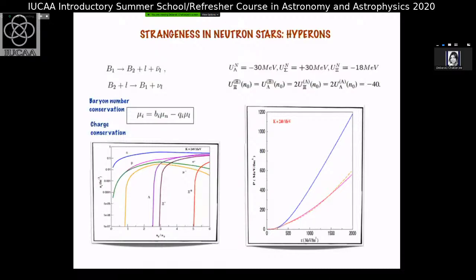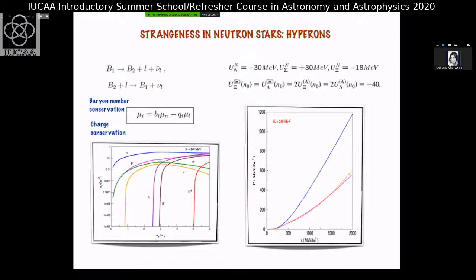And this is similar to beta decay, but now it involves decay from the baryon B1 to B2 and the capture of a lepton by B2 to produce a B1. And the chemical equilibrium is actually determined by these kind of equations, and can be summarized in a formula which defines the baryon number conservation.